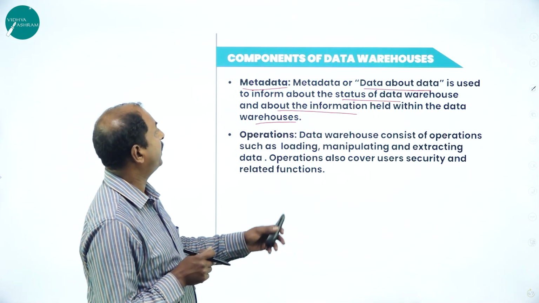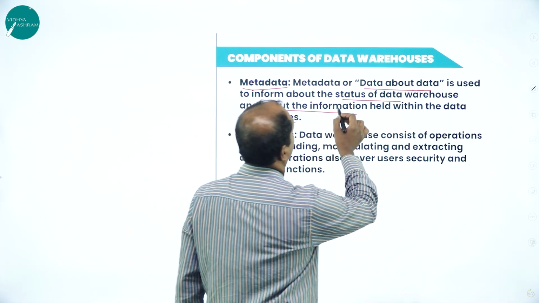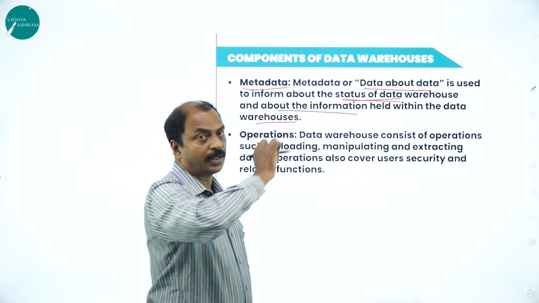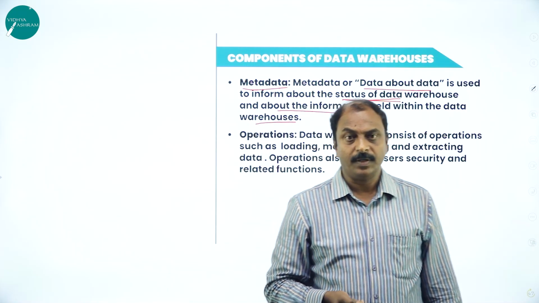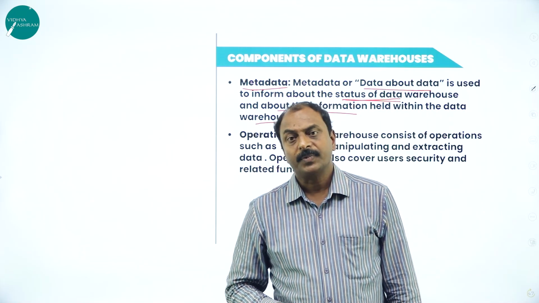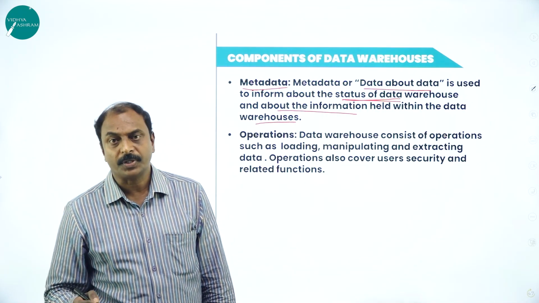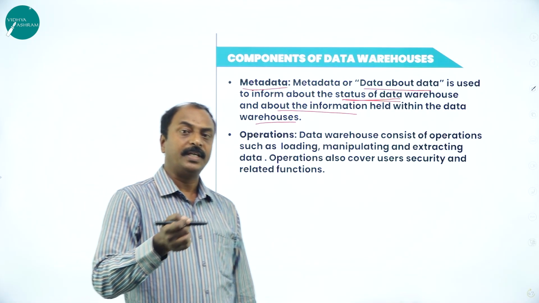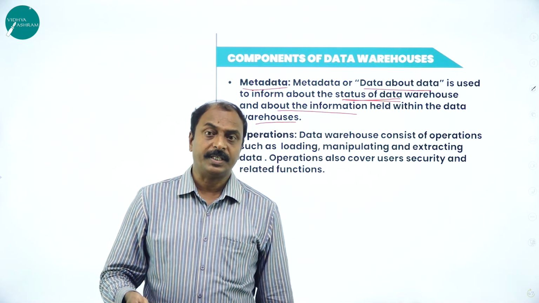But similarly, data about data is going to produce the status of the data warehouse. What is the meaning of data warehouse? A collection of data. At every time, companies or any organization should be in a position to get the status of the data warehouse, meaning what is the condition of the data warehouse.